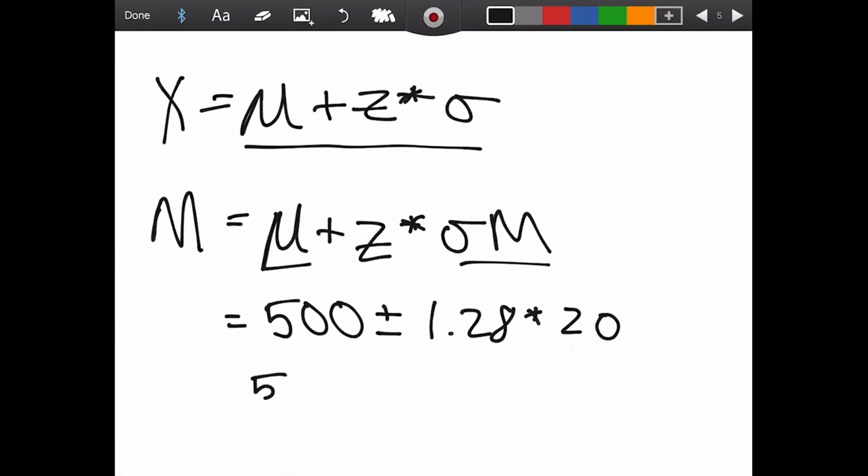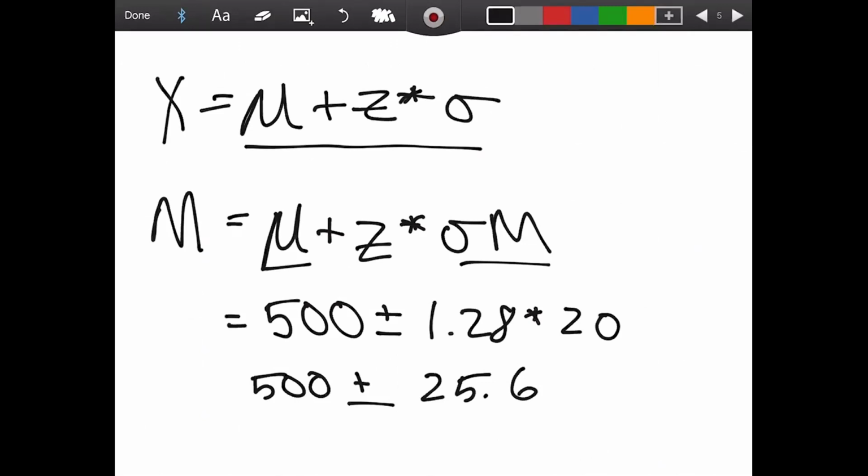So we get 500 plus or minus, let's see, 1.28 times 20, 25.6.